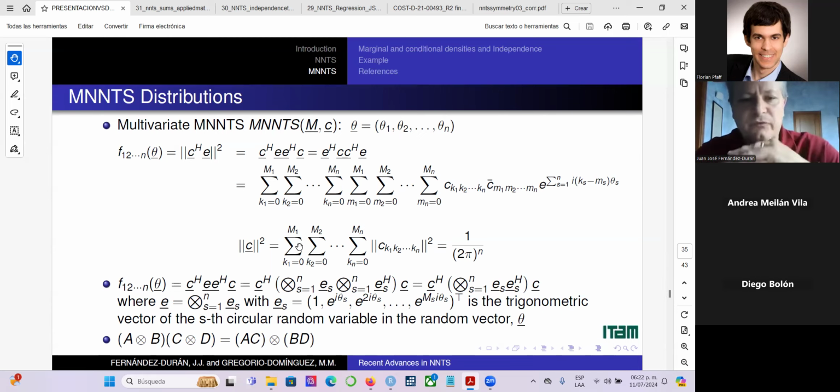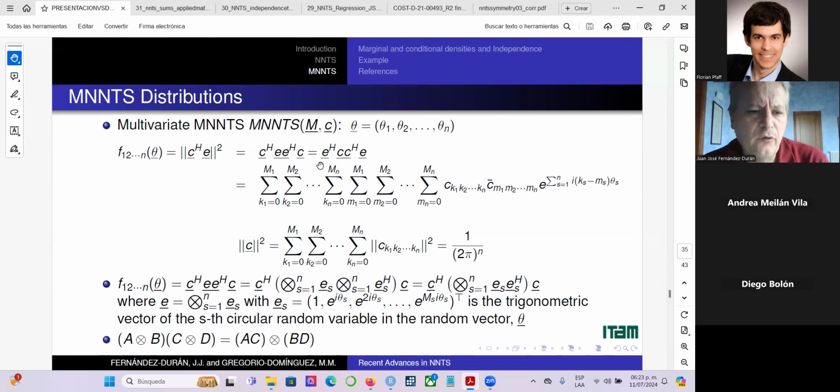Then we tried to obtain all the properties of this model. Of course, it is a very difficult task because this is a quadratic Hermitian form that is not easy to deal with in terms of the equations.